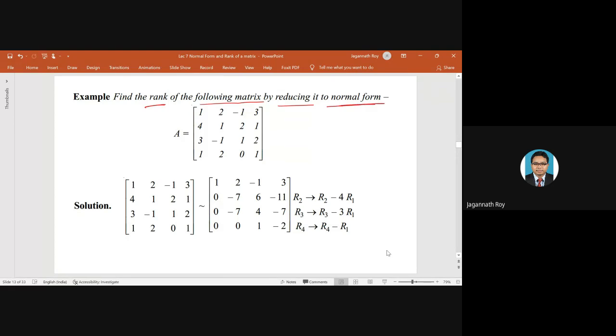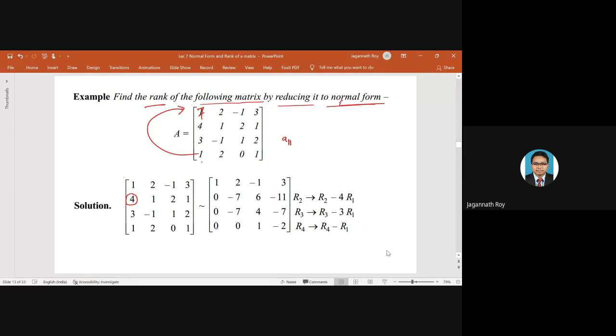First we will do the row operation. Since we have 1, our target is to make this one. Suppose this one is 7 or this is 1. Then we will try to make A11 as 1.